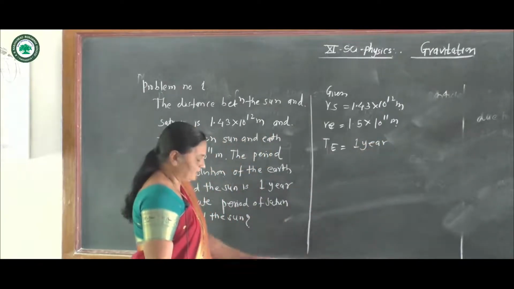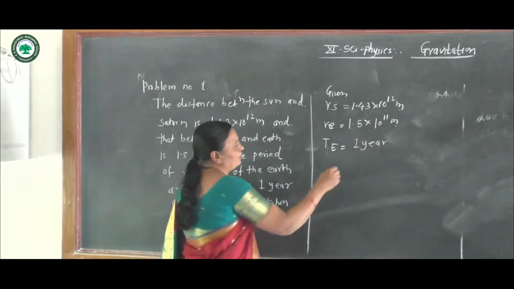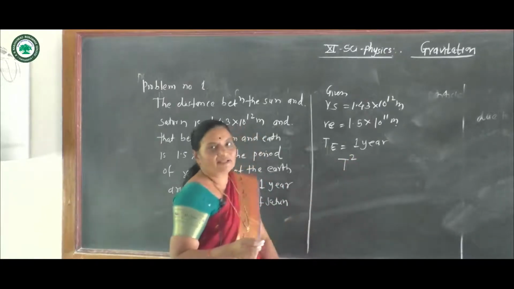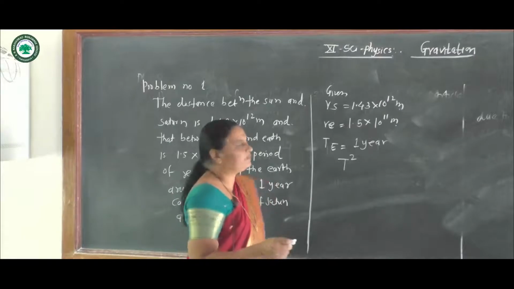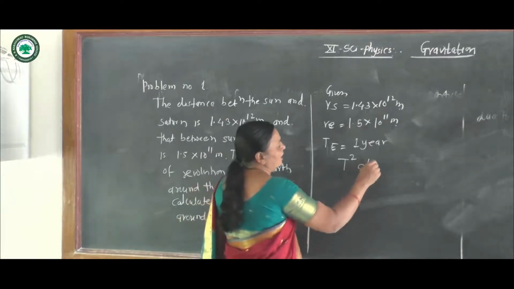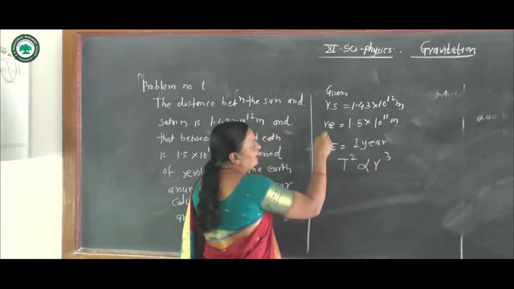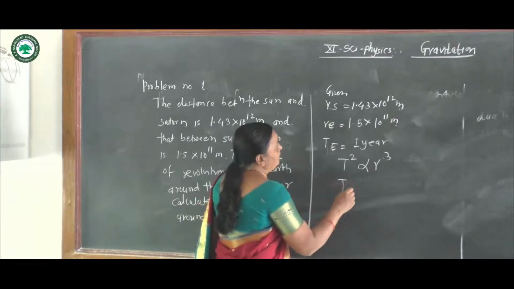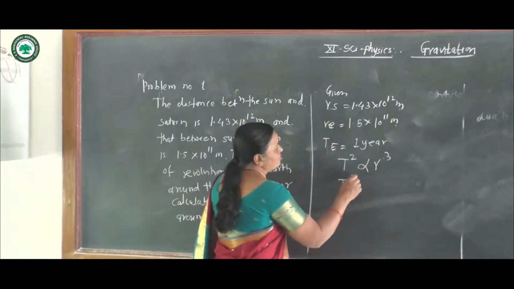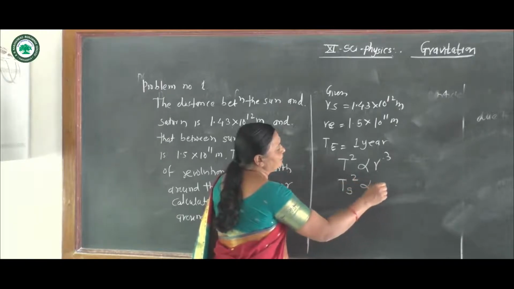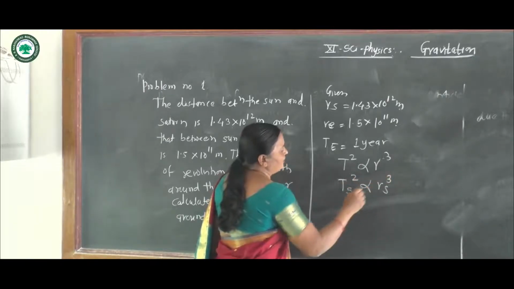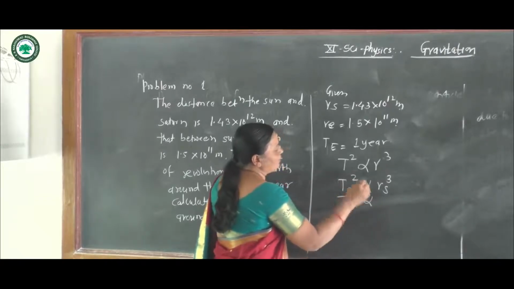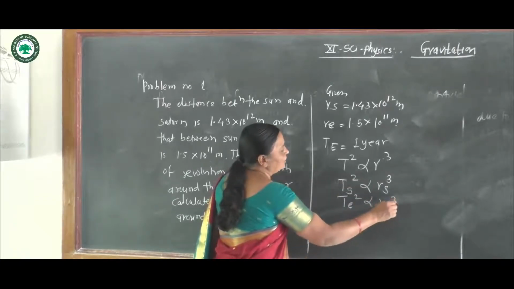Now, from Kepler's law, we know the square of period is directly proportional to cube of radius, therefore T squared is proportional to r cube. We can write for two cases: Ts square is directly proportional to Rs cube and Te square is directly proportional to Re cube.